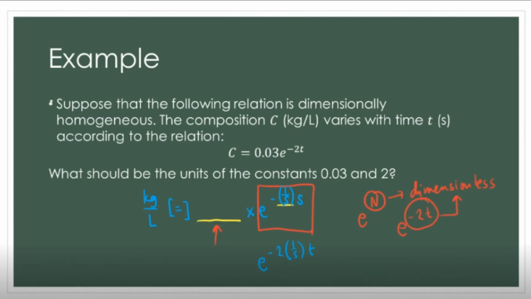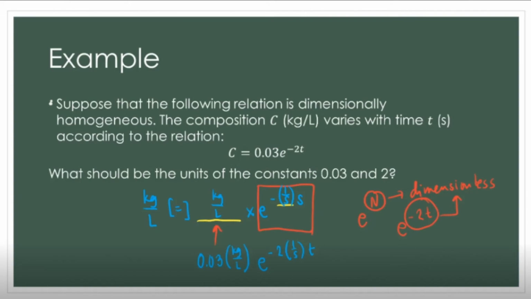Common sense dictates that we simply multiply kilograms per liter to a dimensionless quantity such that their product is also of a unit of kilograms per liter, right? That is absolutely correct, and we now deduced that the unit of 0.03 is kilograms per liter.